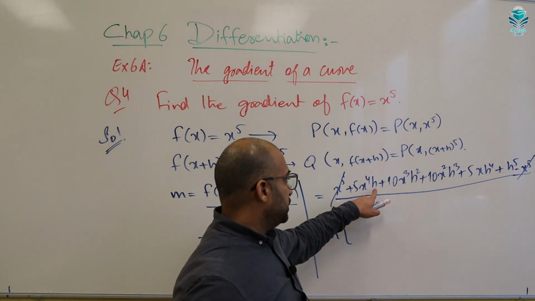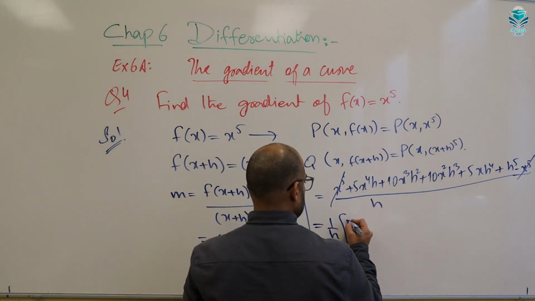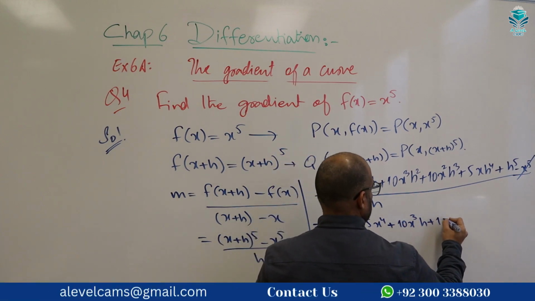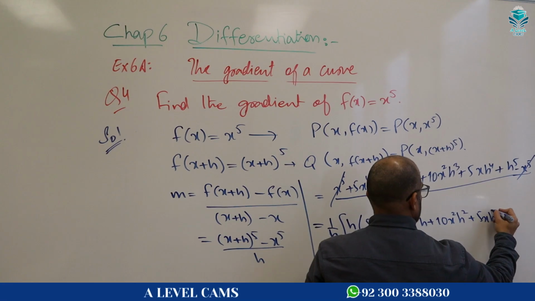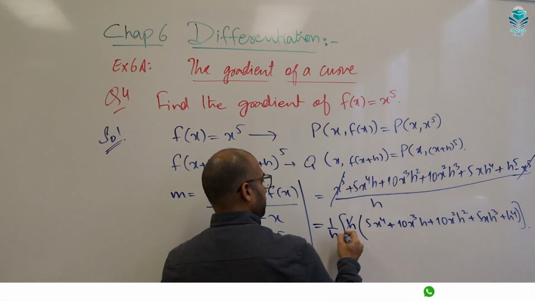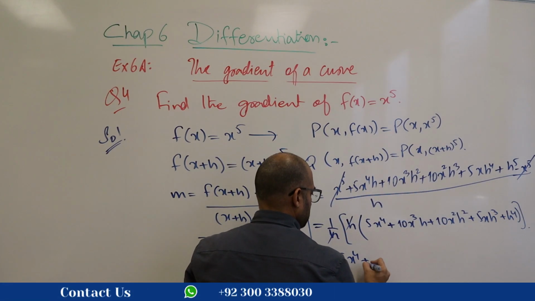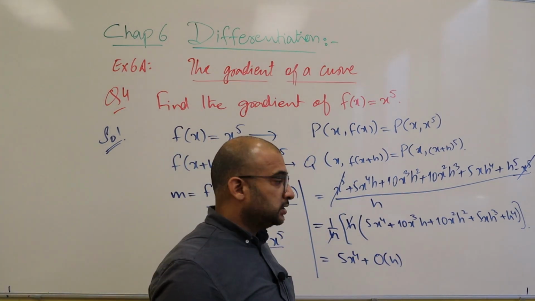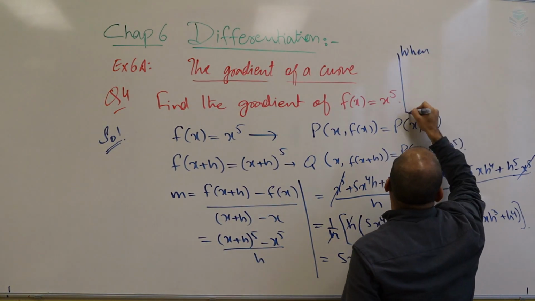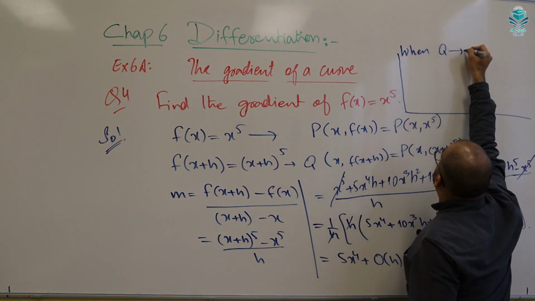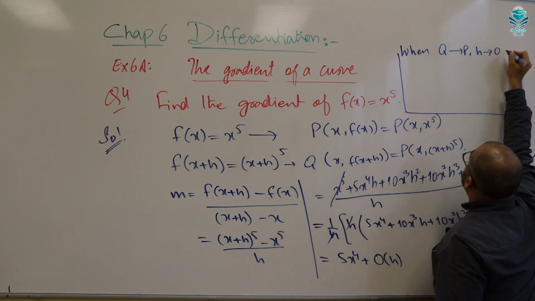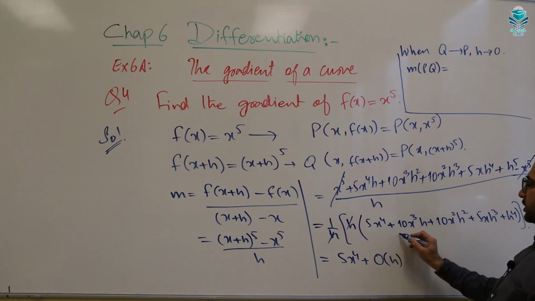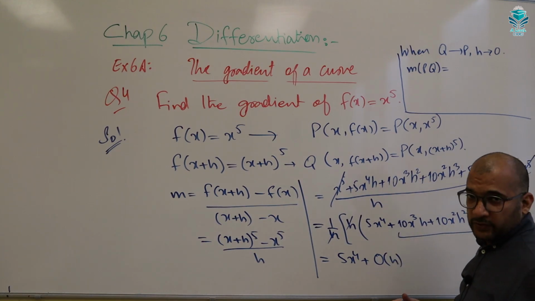Take h common from the numerator. O of h means higher powers of h are included in the remaining terms. When point Q approaches P, h approaches 0, and all terms containing a power of h vanish.